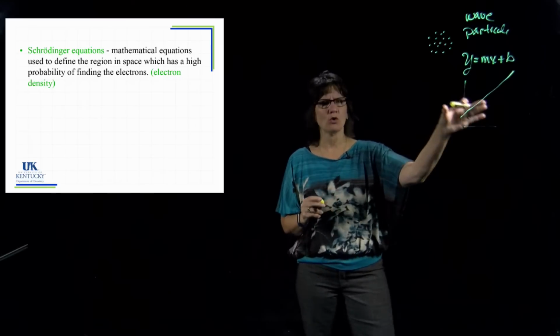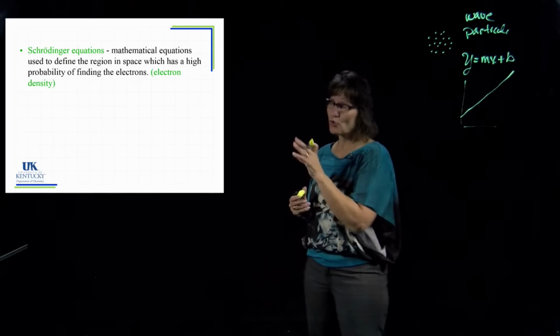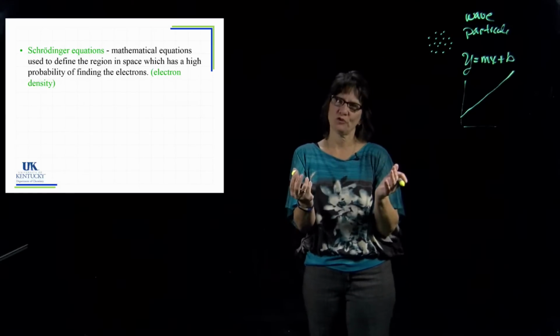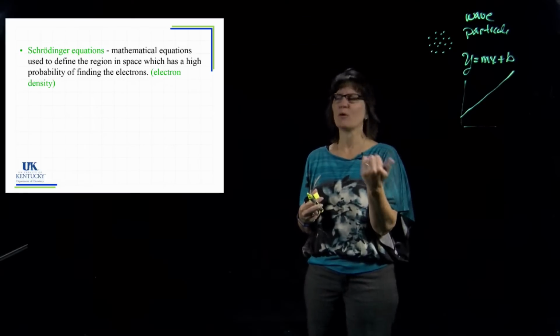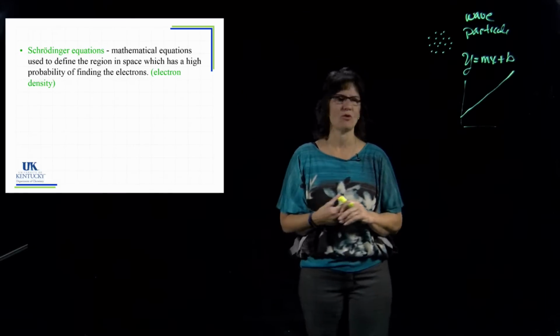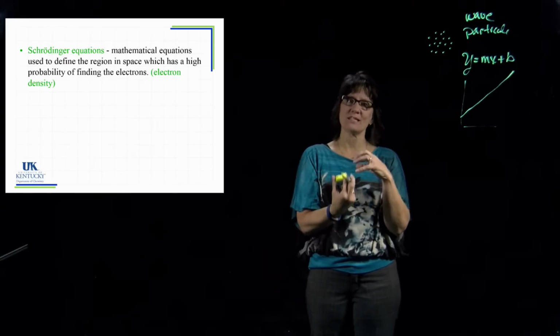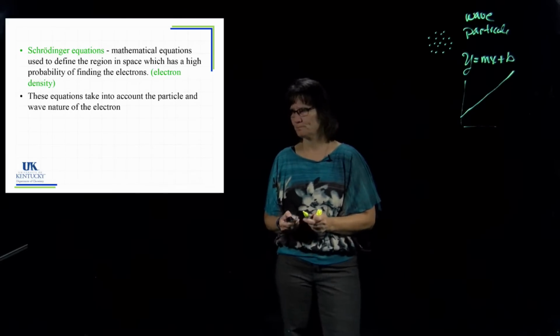We know that a mathematical equation can define things like that. Well, these Schrödinger equations are very complex and require multiple semesters of calculus. So Calc 4 is a typical prerequisite when we start looking into these Schrödinger equations. They define three-dimensional regions in space where you have a high probability of having your electron.